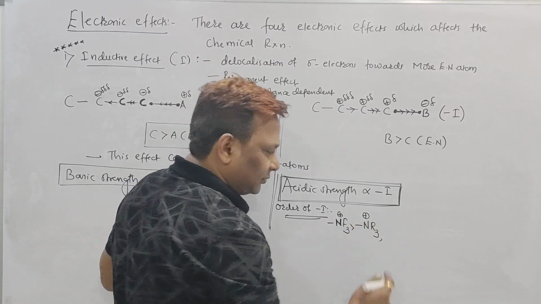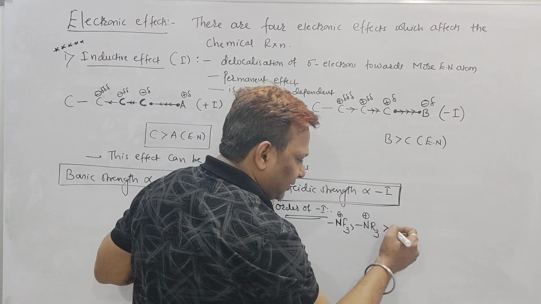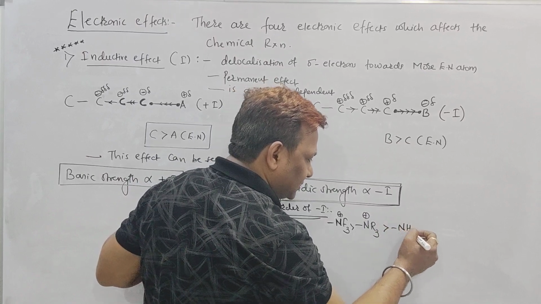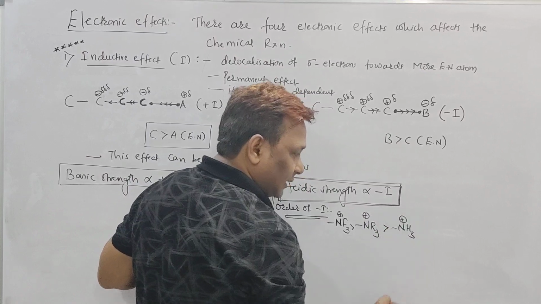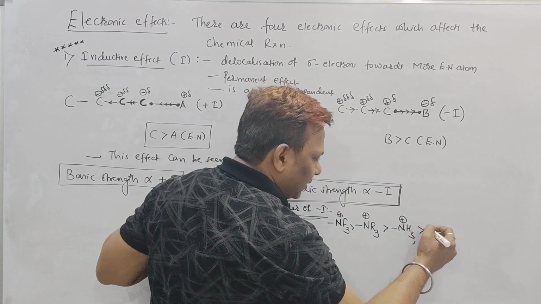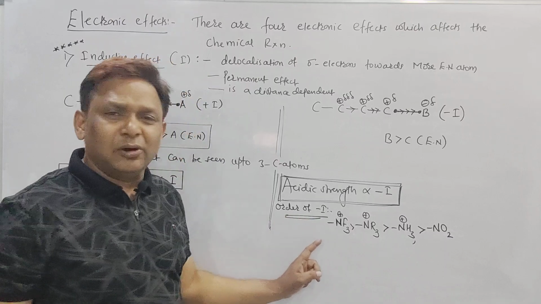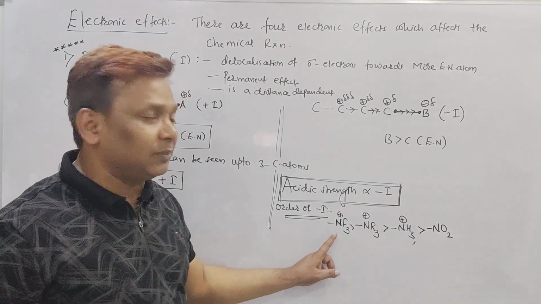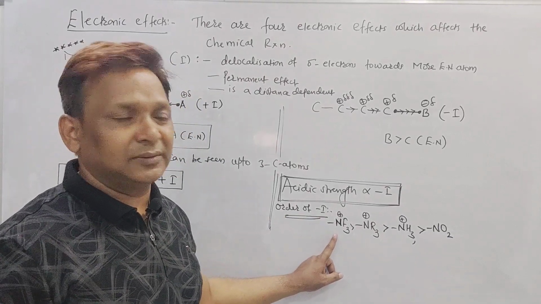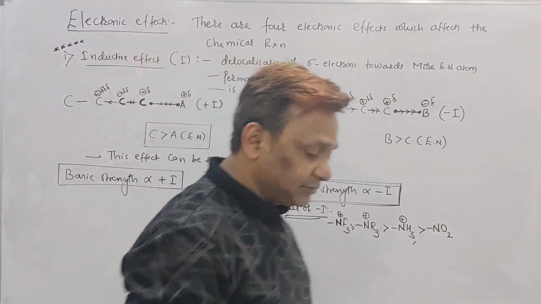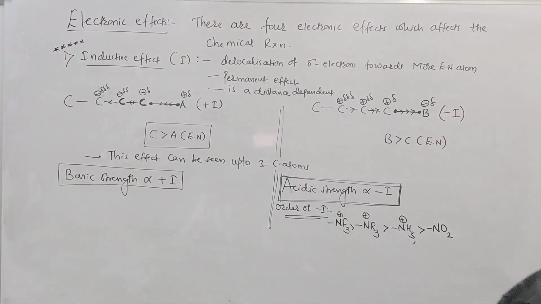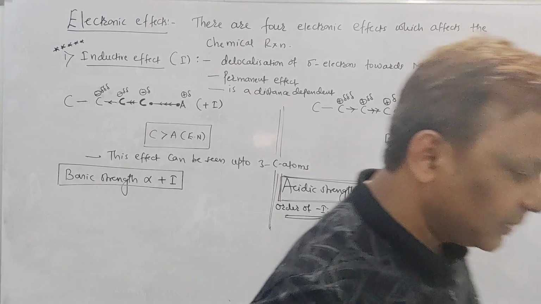Even we are having NH3+, and even NO2 nitro. Among all the nitrogen family, NF3+ will have a more negative inductive effect. Check it here. NF3+ will have a more negative inductive effect, then NR3+, then NH3+, then NO2.